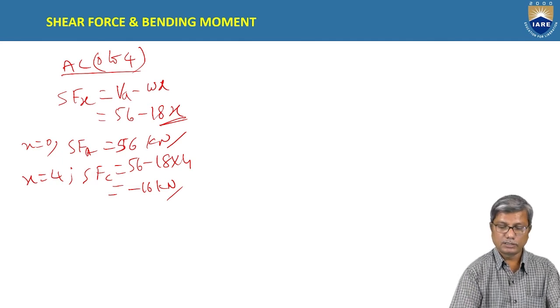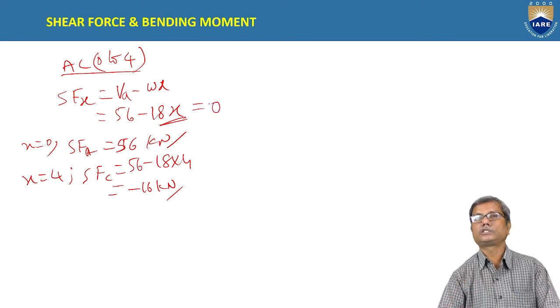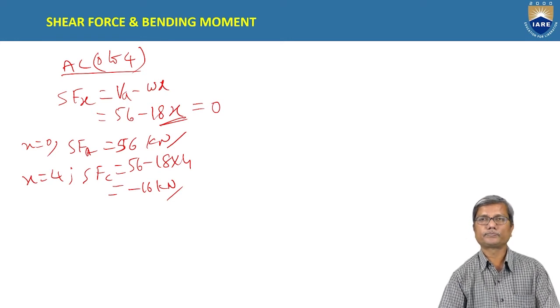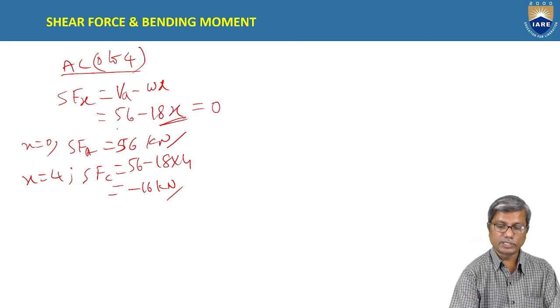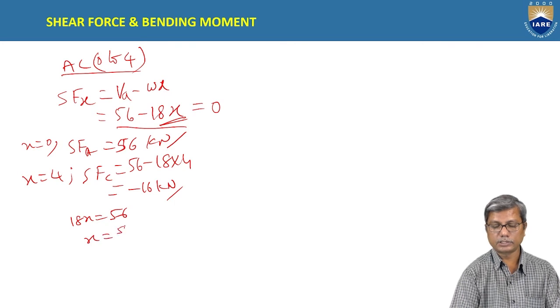Okay, and where is that point? It is obtained by equating the shear force to 0. So by equating this shear force to 0, you will get 18x equal to 56, or x equal to 56 by 18.